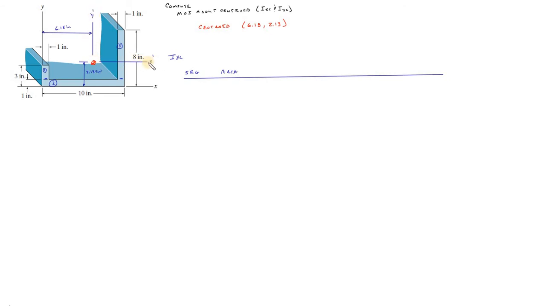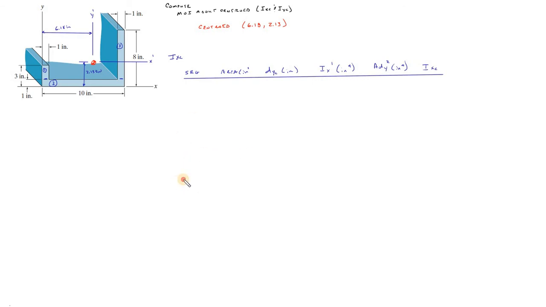So you're doing it about the x prime axis or the centroid. Again, the area is going to be in inches squared. Our dy, the centroid, in inches. Our Ix prime, inches to the fourth. A dy squared, inches to the fourth. And then we have our moment of inertia about its centroid.